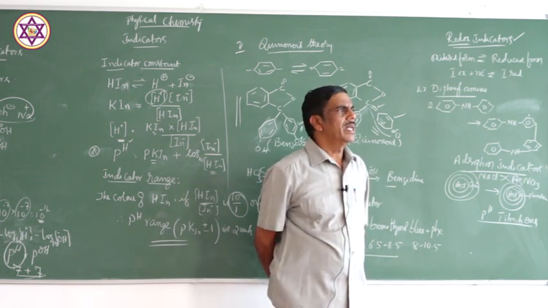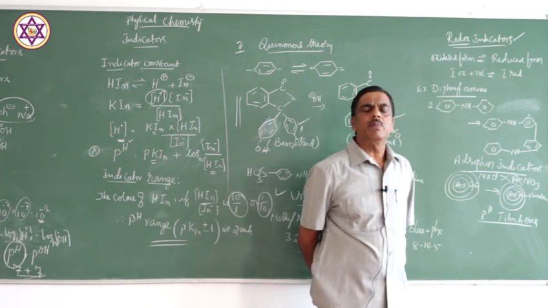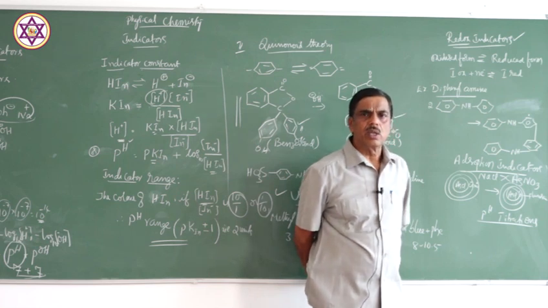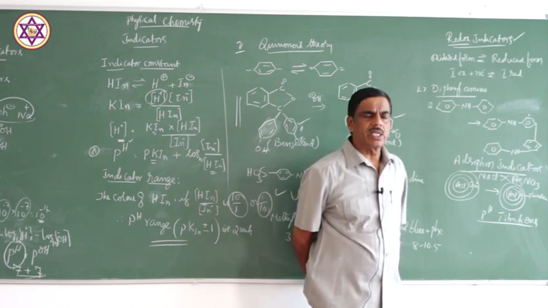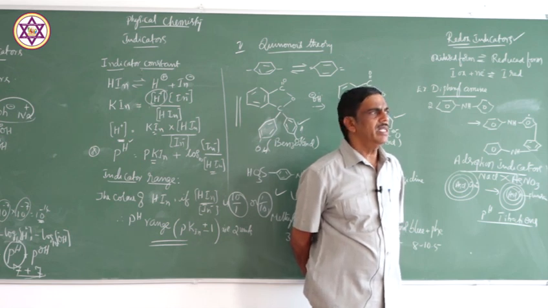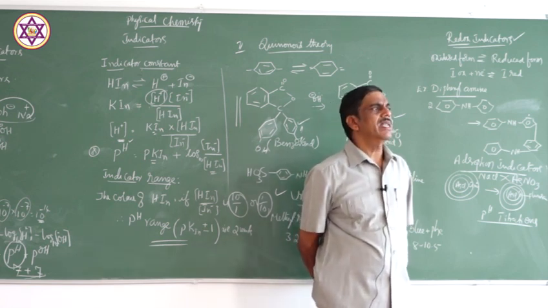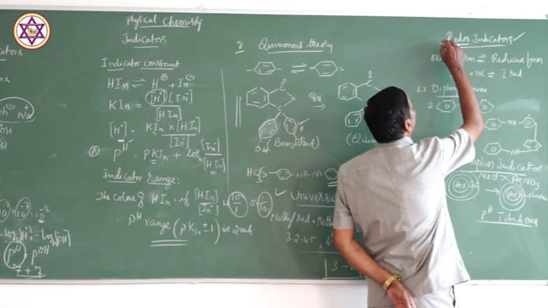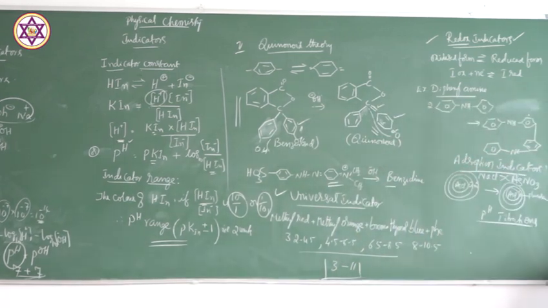For example, in the titration between ferrous sulfate and potassium dichromate, ferrous sulfate undergoes oxidation to form ferric sulfate, whereas potassium dichromate undergoes reduction to form chromium oxide. It is a redox titration. So, oxidation of one reagent takes place and reduction of another reagent takes place. This type of reaction is called redox titration. In these types of titrations, we use redox indicators.